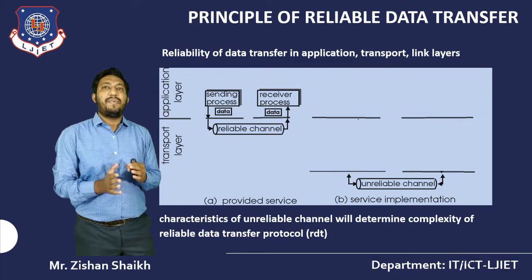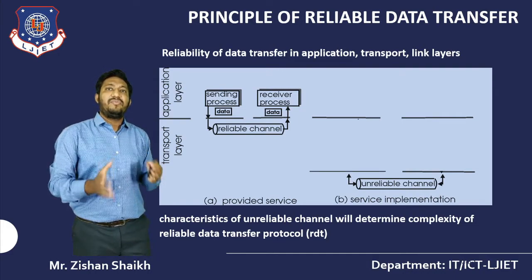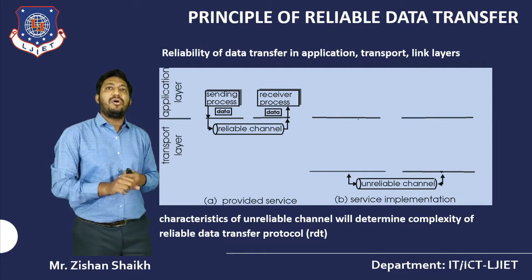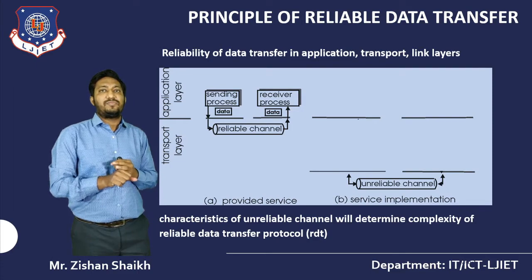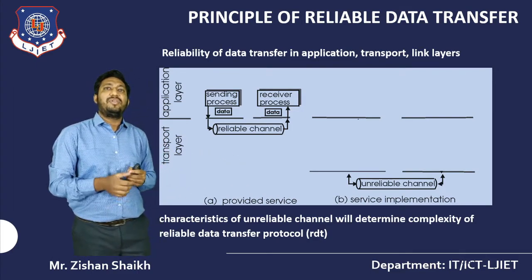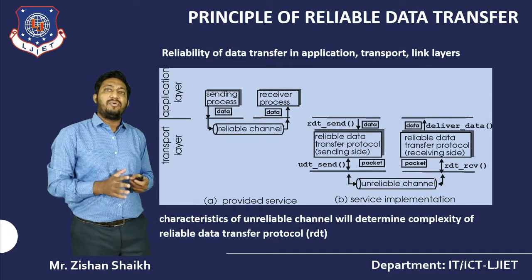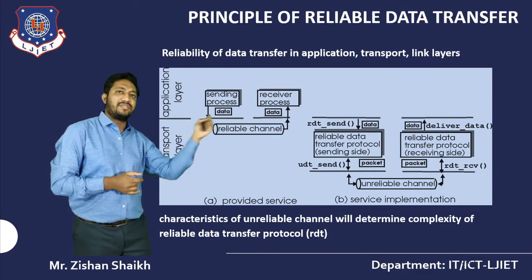So mostly we depend on how the physical layer behaves, what type of cabling or Wi-Fi connection we are using. That is not in the hands of the transport layer. That is why we can say it is all about the unreliability of our channel.